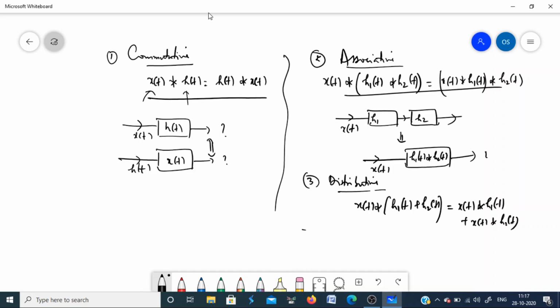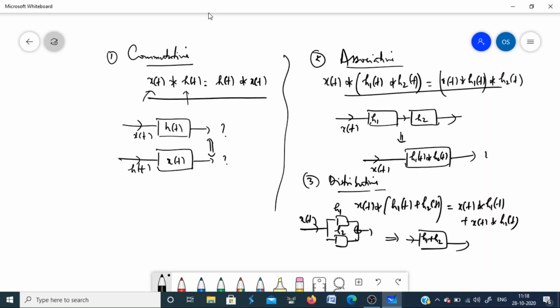Okay, and this property says that when two systems are in parallel, their impulse responses are added together. So if one has impulse response h1 and the other h2, the overall impulse response of the system is h1 plus h2.